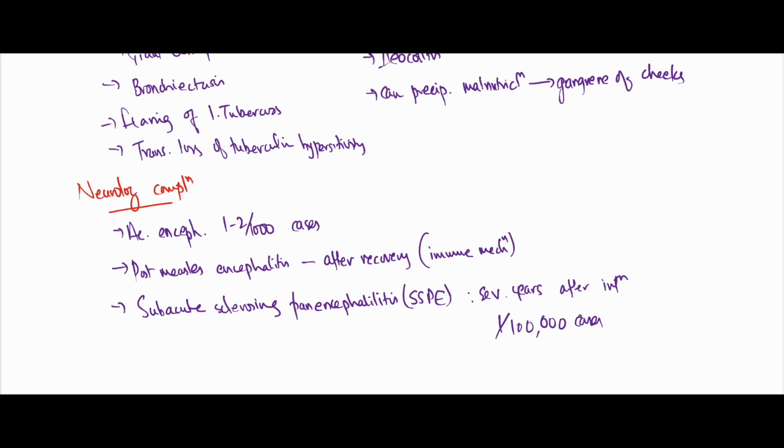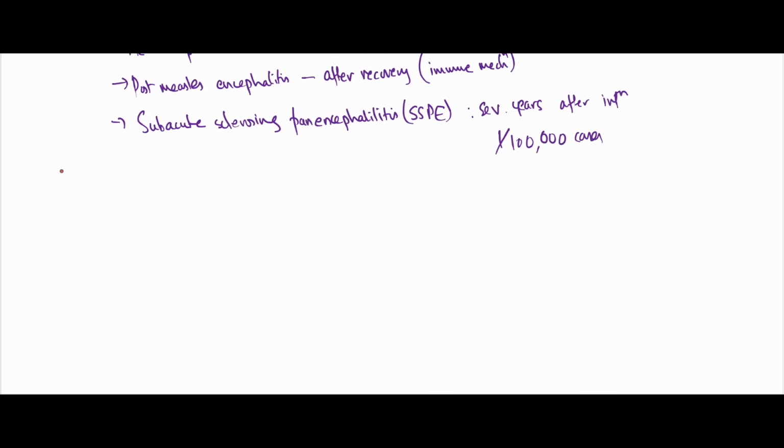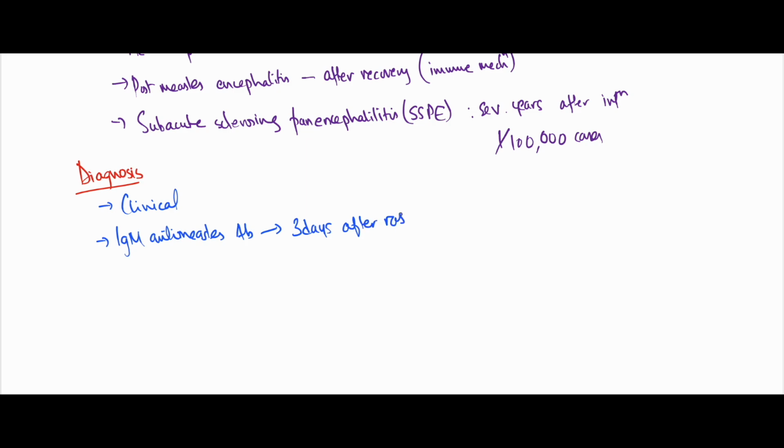So now, how do you make a diagnosis of measles? It is mostly clinical. IgM anti-measles antibody is present 3 days after the rash and persists for up to 1 month.